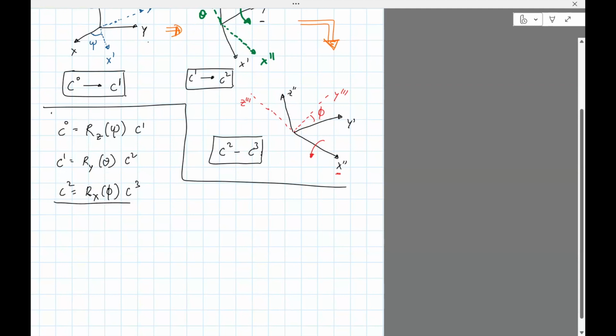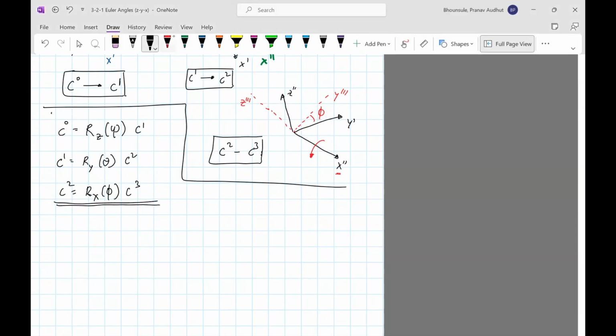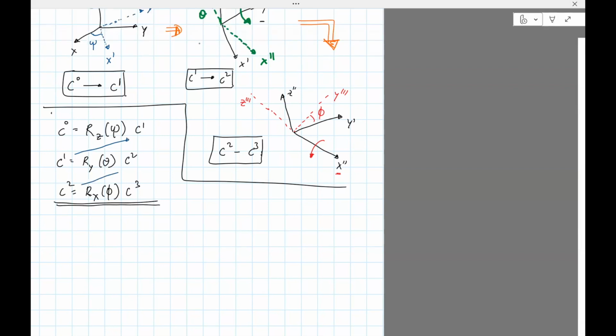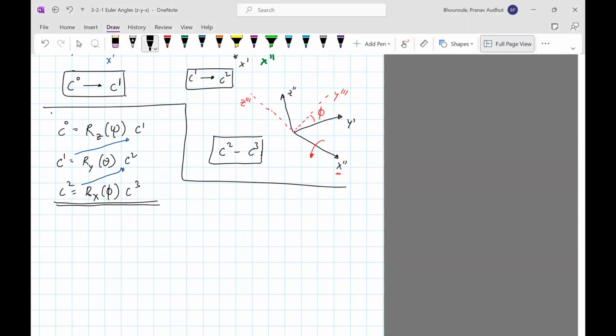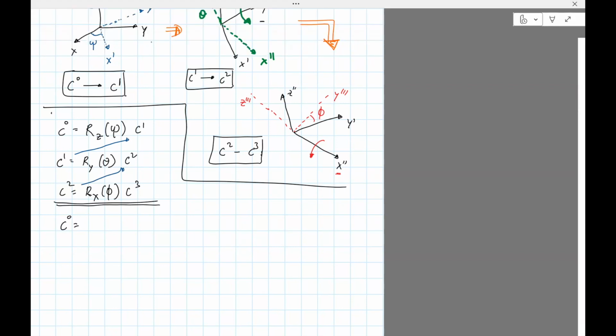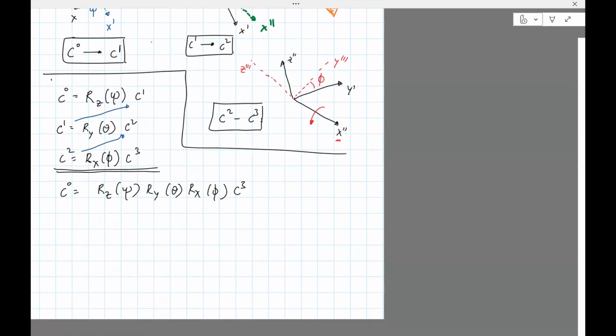Okay, so what I can do is start eliminating C1. I substitute C1 here, substitute this C2 here, and then I end up with an expression which relates C0 with Rz psi, Ry theta, Rx phi, and C3.